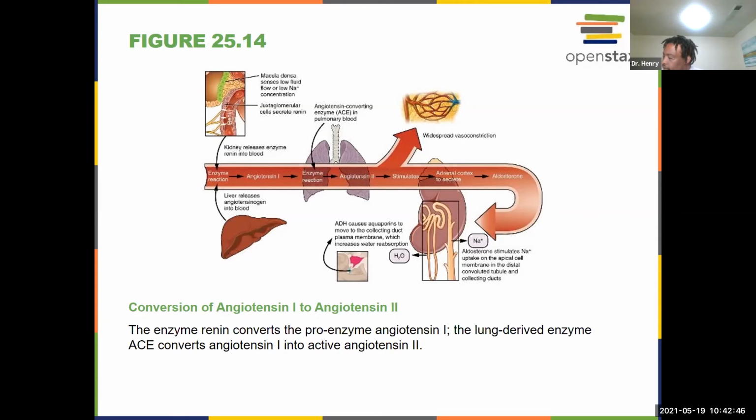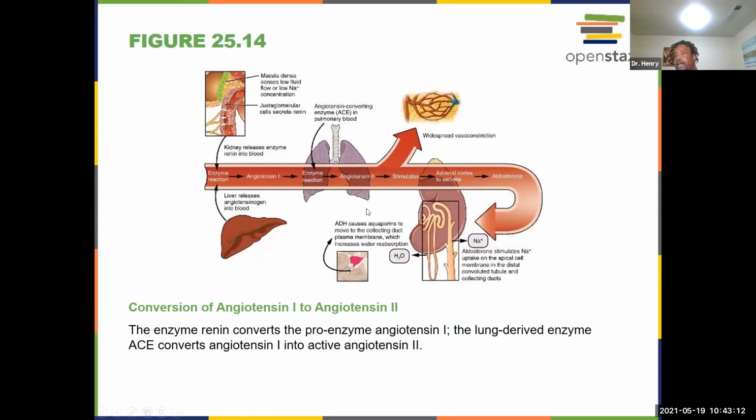Okay, so first off in the liver, we have the release of various enzymes. The liver is basically going to release angiotensinogen into the blood.